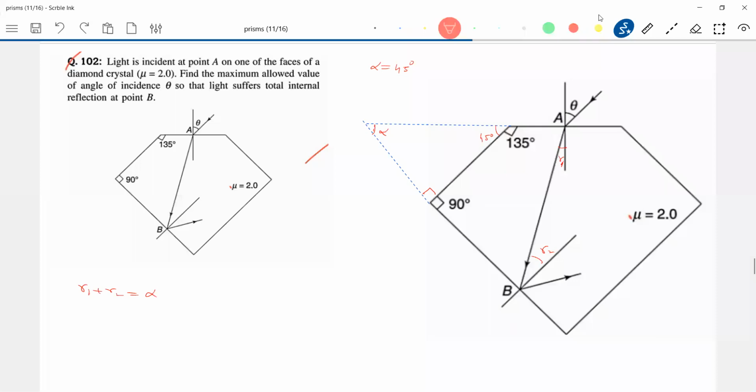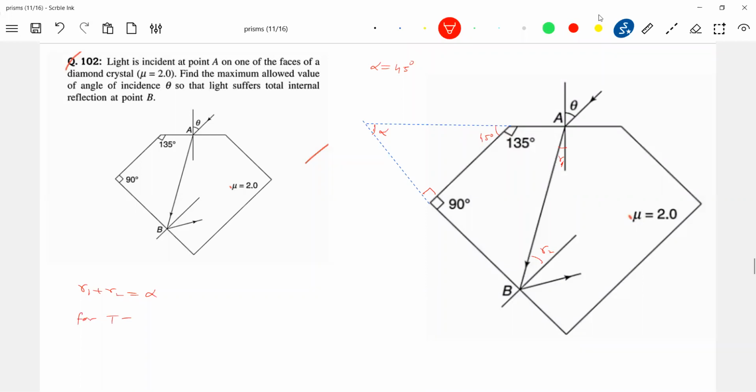And for the ray to undergo TIR at B, for TIR, theta will not be 15, huh? 2 sine inverse of 2 sine 15.